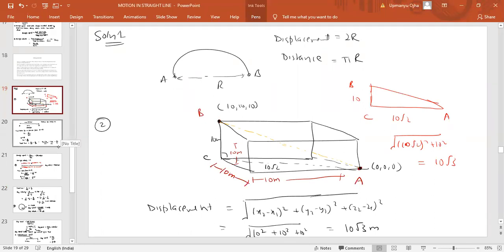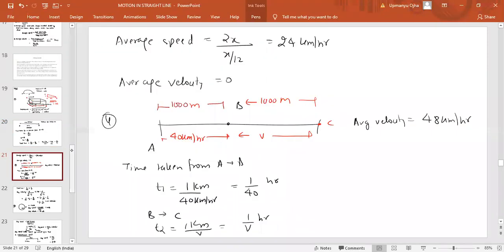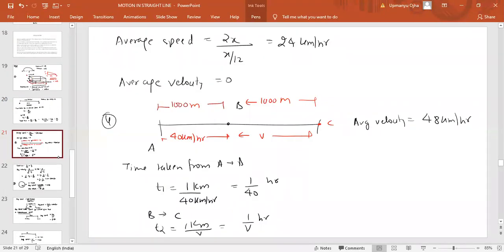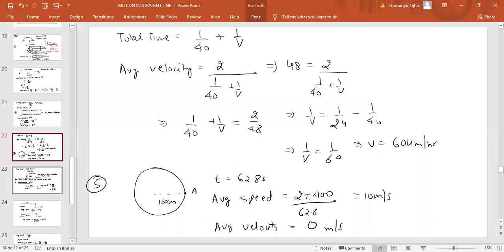Yes, instantaneous velocity is a vector quantity. Yes, velocity can be negative, but speed cannot be negative. Velocity has direction also, so direction can be negative. Magnitude is positive only.